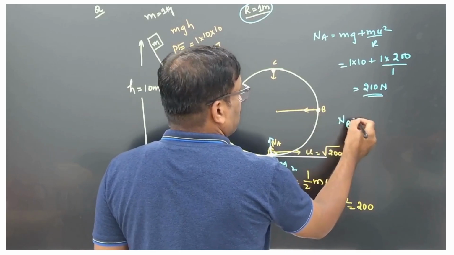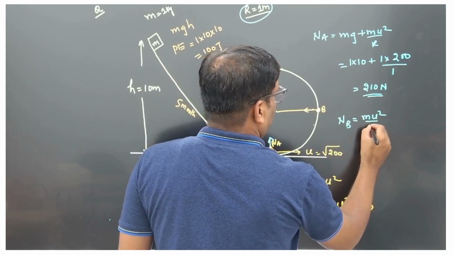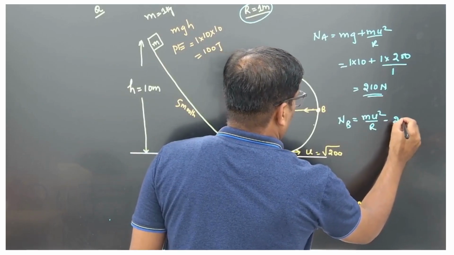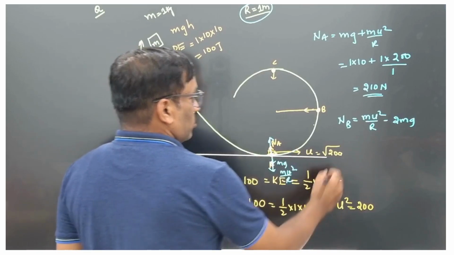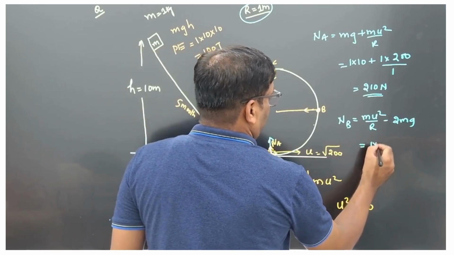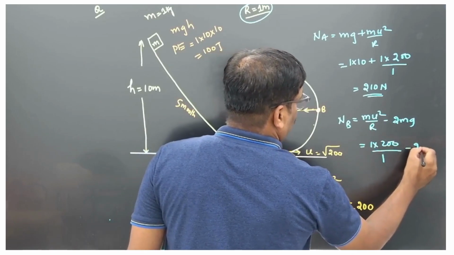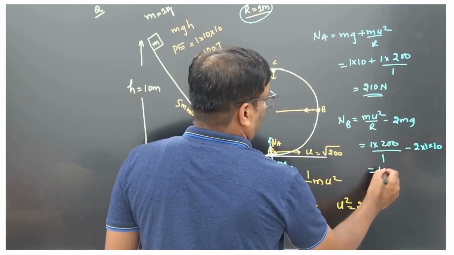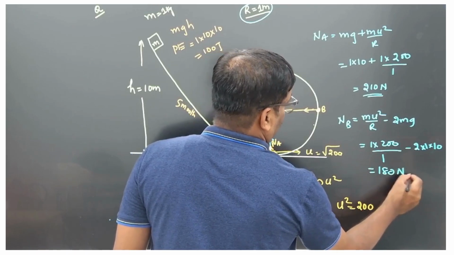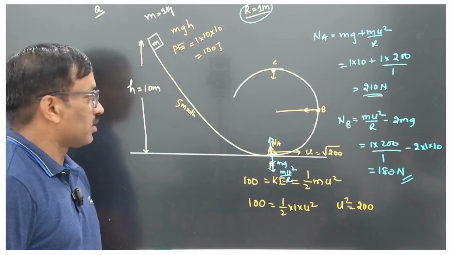That is nothing but the tension at B, which is m u square by r minus 2mg. u square is equal to 200, m is 1. Therefore 200 divided by 1 minus 2 into 1 into 10. So 200 minus 20, therefore 180 newtons. Therefore the normal reaction at this point is 180 newtons.